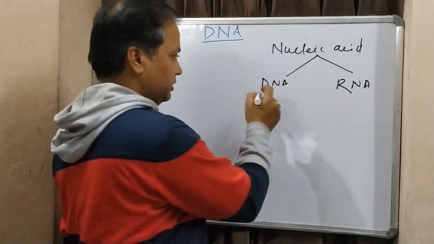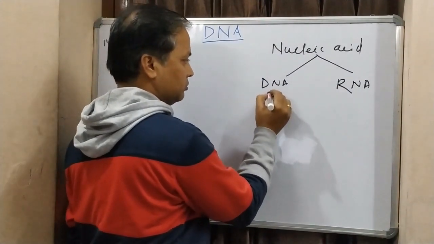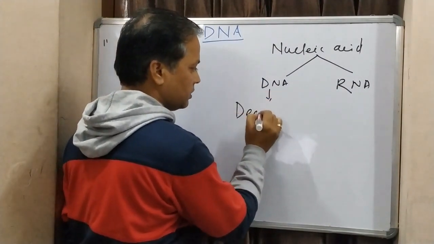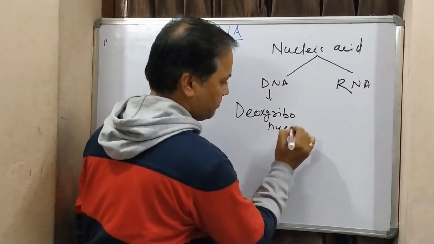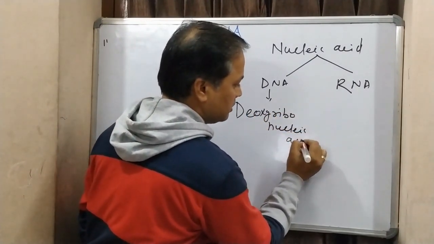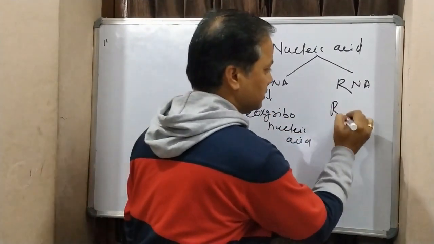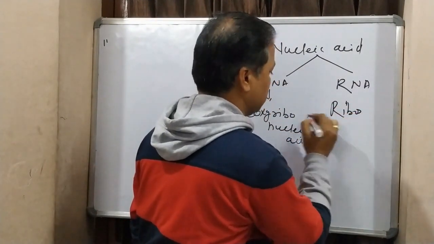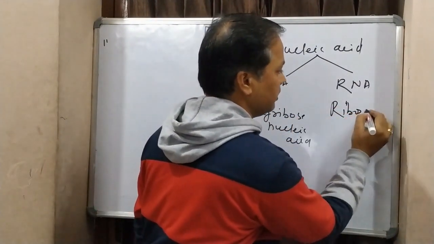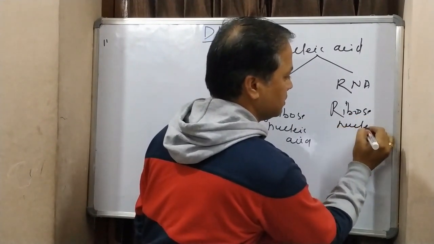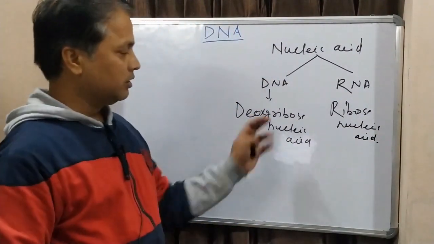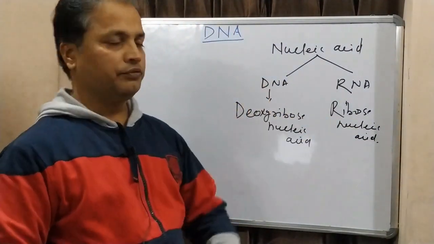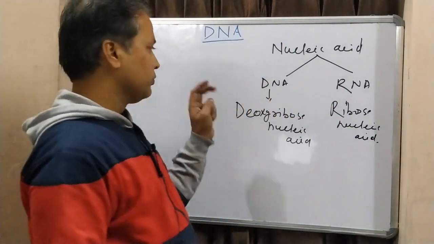DNA is deoxyribonucleic acid, and RNA is ribonucleic acid. Later on we will see how DNA is different from RNA.